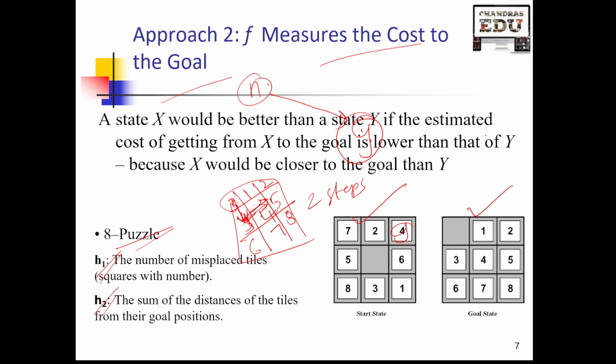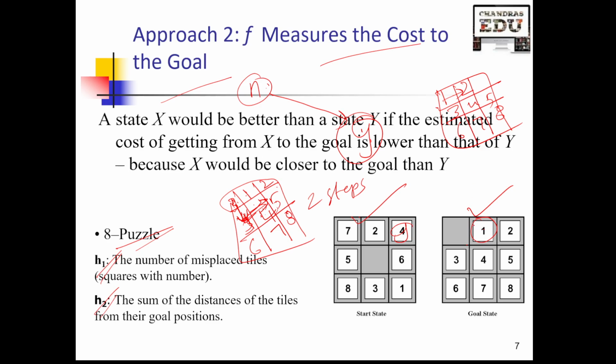Suppose we take a case where we have 1 here, 2 here, and then 3, 4, 5, 6, 7, 8. So this is the case. As per the goal state, what is the distance for 1 to be here? It should move 1 position to reach that.